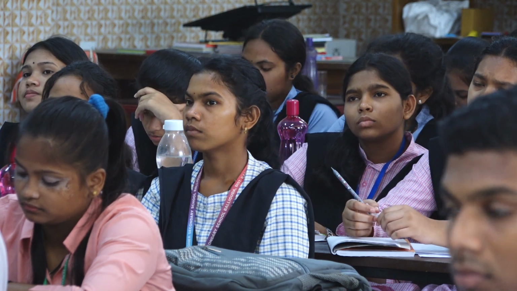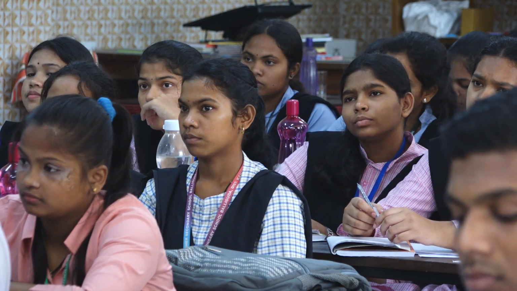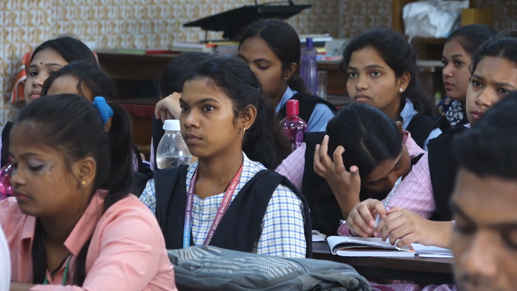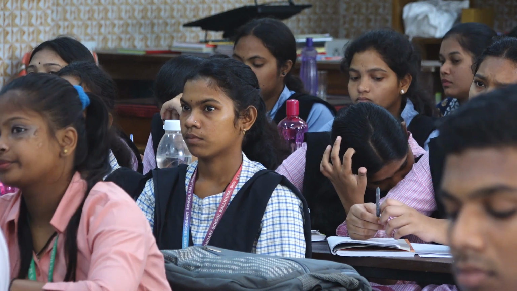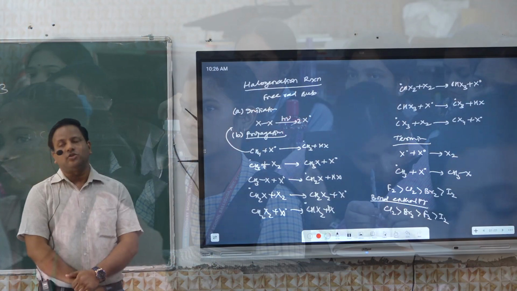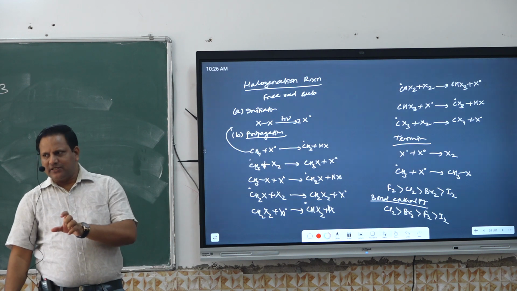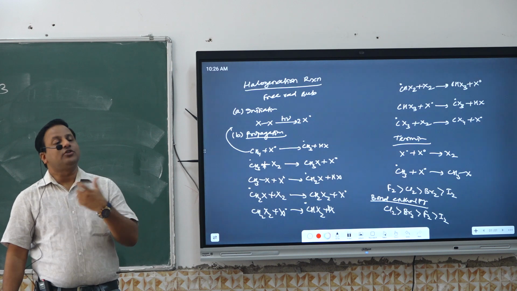In fluorine, inter-electronic repulsion is greater because fluorine has second shell, the atom is smaller, and the outermost shell has 7 electrons, so strong inter-electronic repulsion. Smaller the atomic size, more is the bond enthalpy; larger the atomic size, lesser is the bond enthalpy.